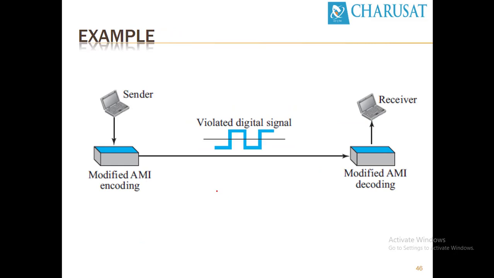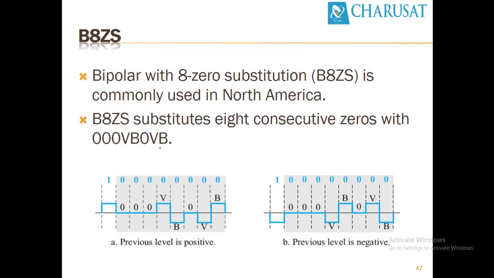This is a pictorial view of how we can modify AMI. The modified AMI encoding method is shown over here, which is nothing but substitution with AMI, and then the signals are sent to the digital transmission line to be sent to the receiver. This is an example of B8ZS, where the 8-zero substitution is commonly applied, and it is used mostly in North America. If B8ZS finds 8 consecutive zeros in a sequence, it replaces them with some patterns.